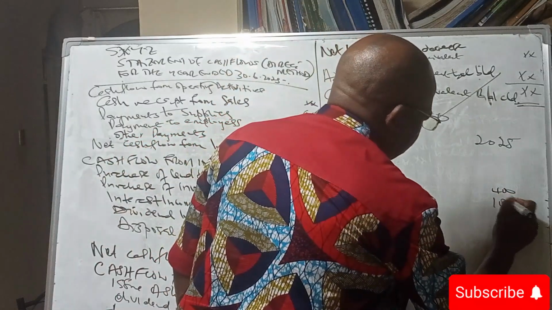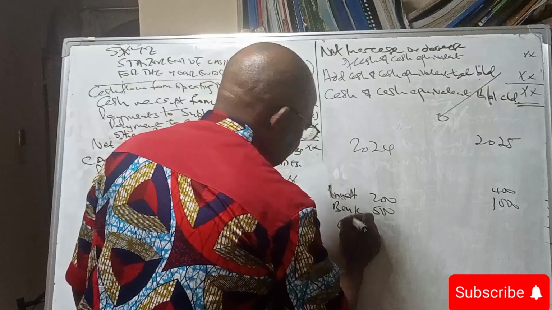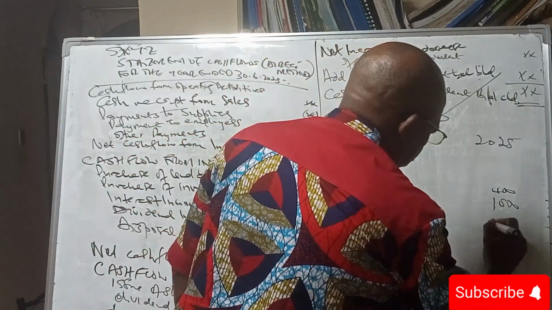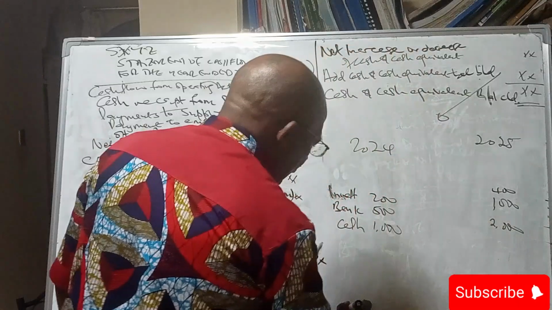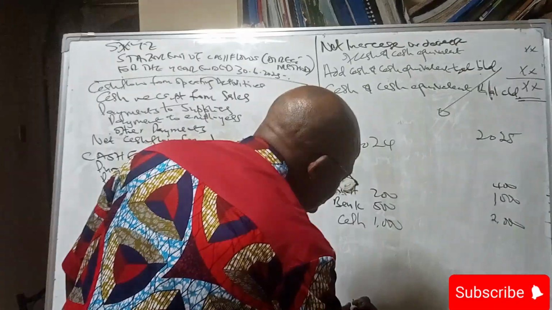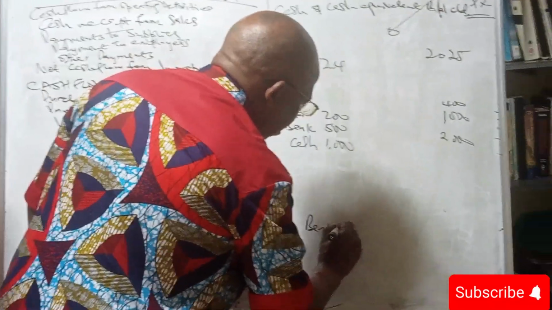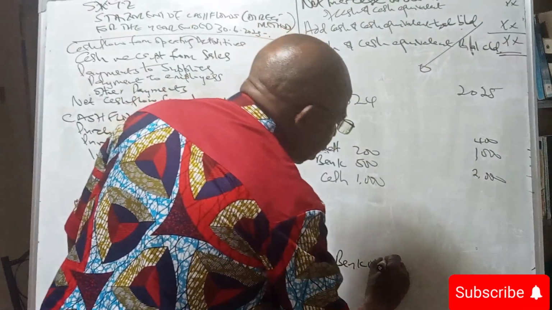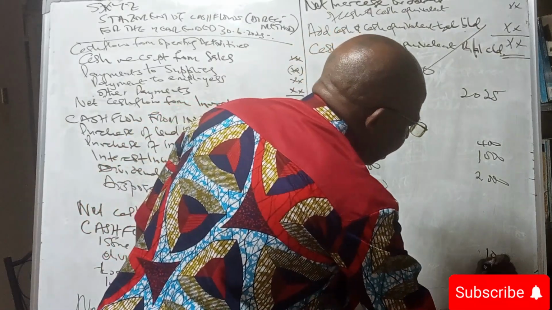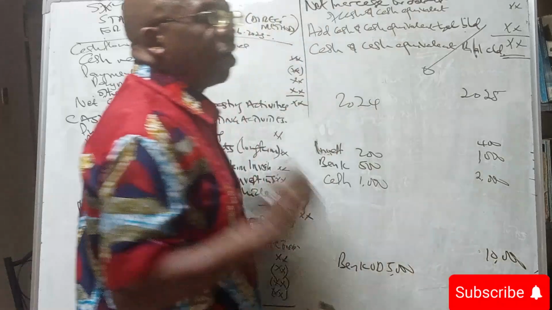Here it is 1,000. We have cash of 1,000. Here we have 2,000. Then at the current liabilities, we have bank overdraft, bank OD of 5,000, and here bank OD of 10,000. Never forget this.